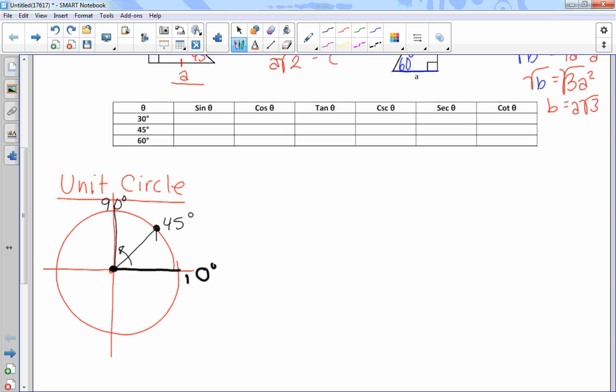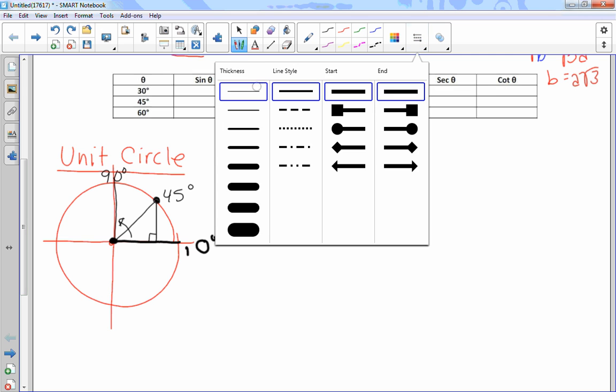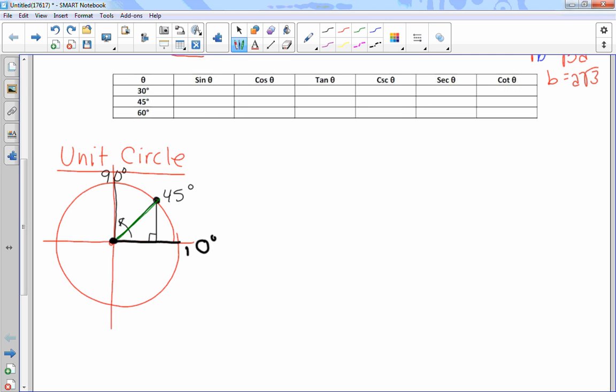If I drop an altitude straight down, I have a right triangle. Which part of this right triangle has length 1? It's the hypotenuse. It's the radius part. The radius ends up being the hypotenuse right there. That has length 1.